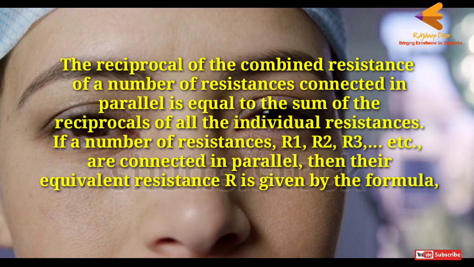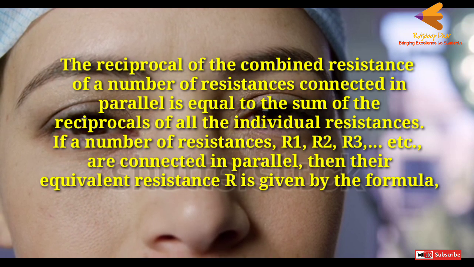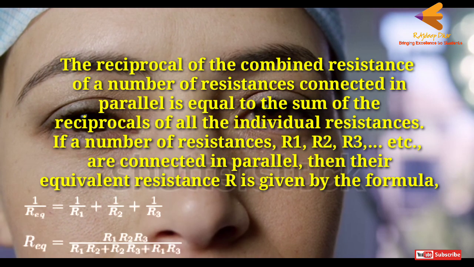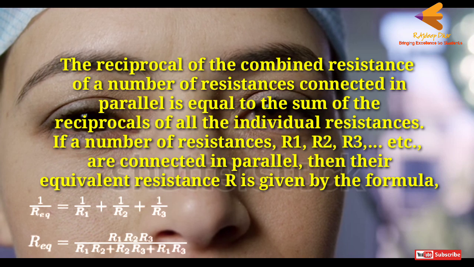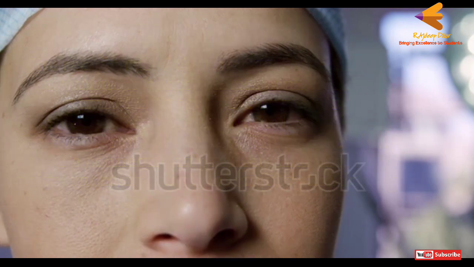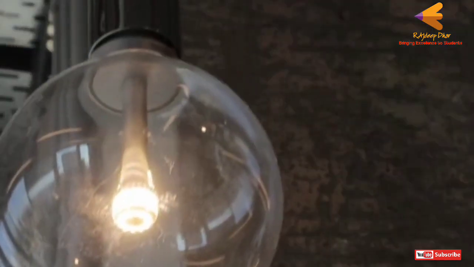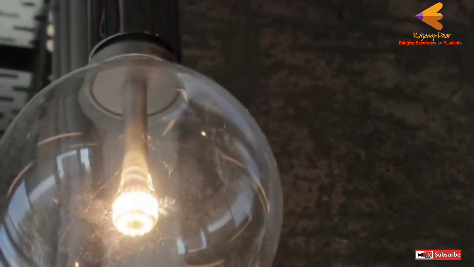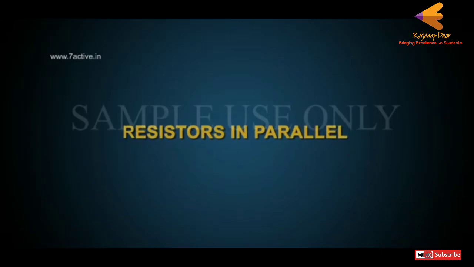If a number of resistances R1, R2, R3, etc. are connected in parallel, then their equivalent resistance R is given by the formula 1/R = 1/R1 + 1/R2 + 1/R3 + and so on. For better understanding, let us watch this short clip.